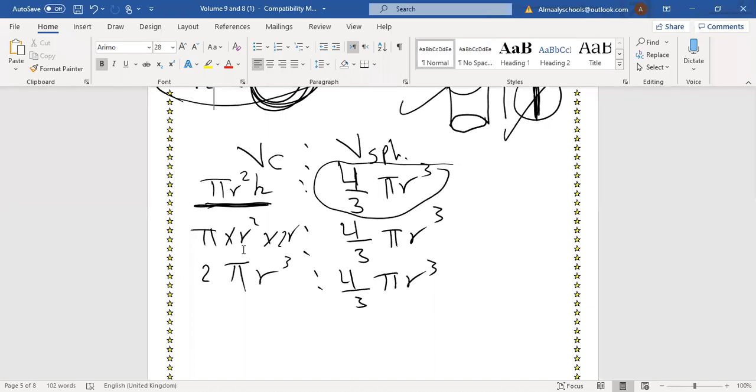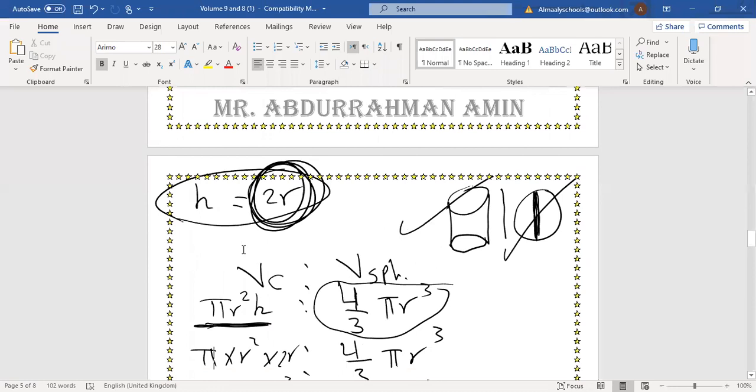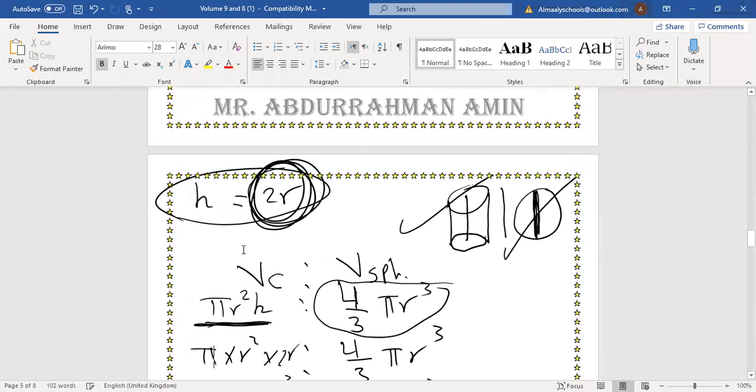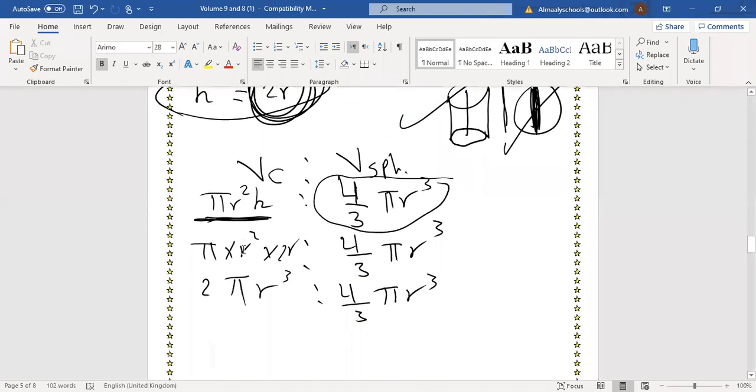Okay, now he told me that the height of the cylinder equals the height of the sphere. The height of the sphere means 2 radii, radius and radius. So instead of height, I write 2r. You are with me?